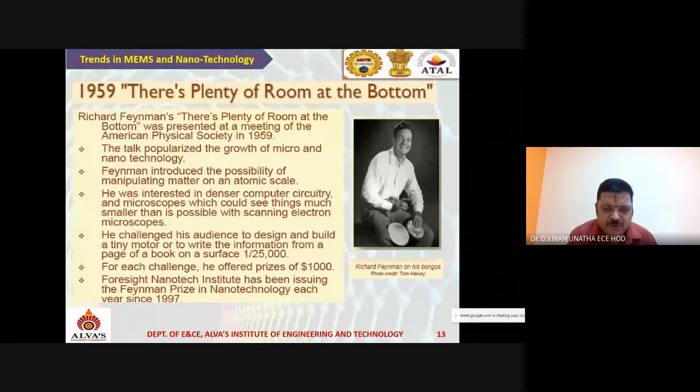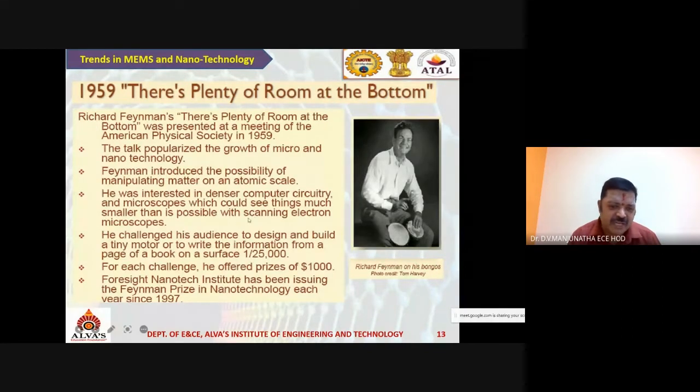It became more popularized after 2000. From 2002 to 2021 today, we have reached enormous heights in the areas of MEMS and nanotechnology. Feynman introduced the possibility of manipulating matter on the atomic scale. He was interested in denser computer circuitry and microscopes which could see things much smaller than is possible.